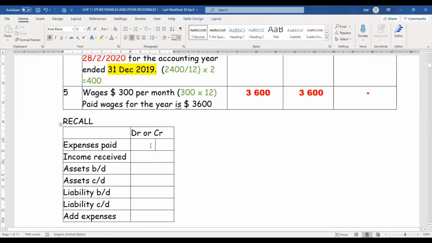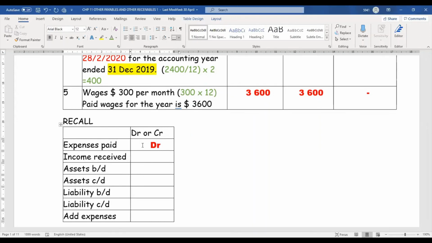If you don't know debit credit, we cannot do the accounts. Okay, first one. Expenses paid. Whenever you pay expenses, your expenses will increase. Whenever expenses increase, we record in the debit side. Expenses paid will record in the debit side.